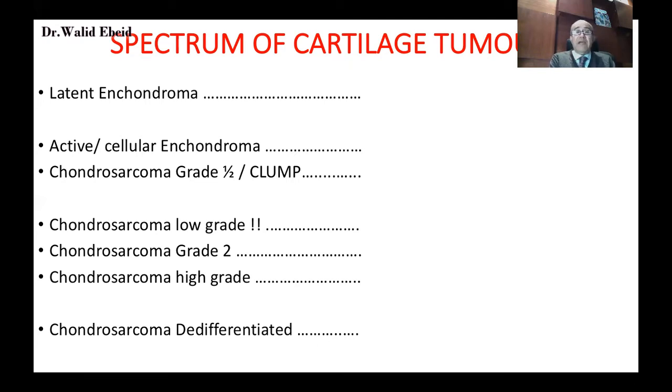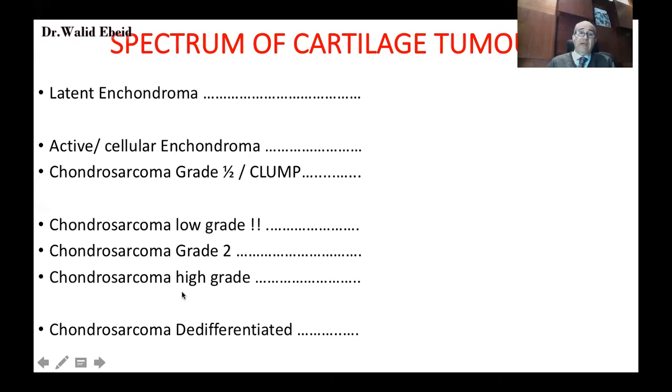So we have the latent enchondroma, we have the active or cellular enchondroma, the chondrosarcoma grade half, or ACT lesions, like what we call the cartilage lesion of undetermined malignant potential. We have the chondrosarcoma low grade, grade 2, high grade, and the dedifferentiated chondrosarcomas. All these are the different spectrum of the cartilage tumors.